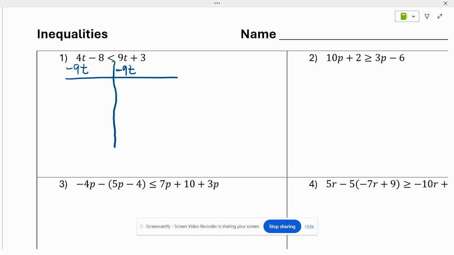So 4 minus 9 is what? Matthew? Negative 5t minus 8 is less than a positive 3. All right, Justice, now what do you want to do?